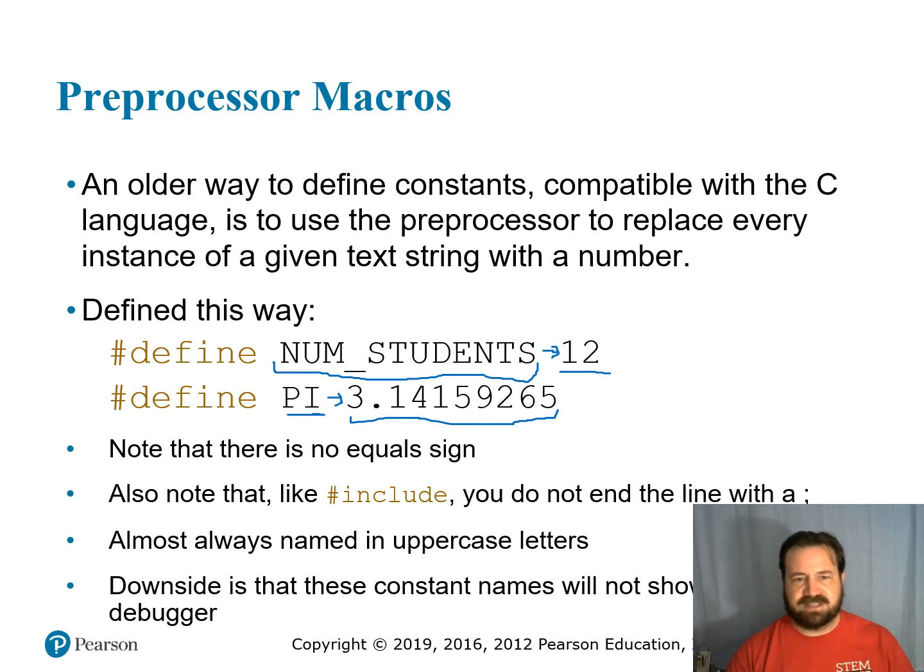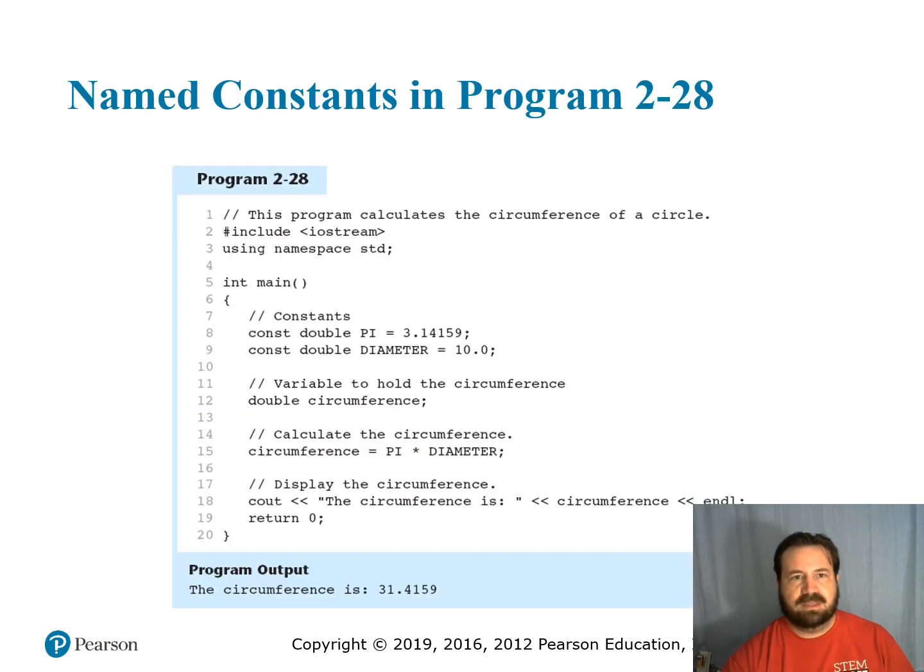If I define it as a const variable, then when I go through the debugger later, I'll see average equals total divided by num_students, and I'll say, okay, I'm taking the class average. This shows a couple of named constants, pi and diameter, and then circumference equals pi times diameter. Works just exactly as you expect it to.